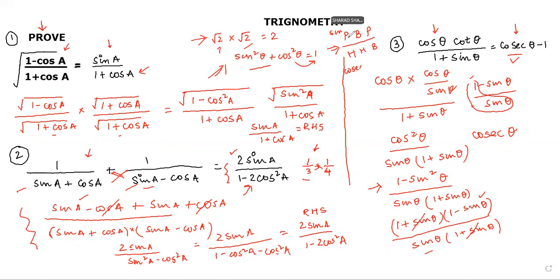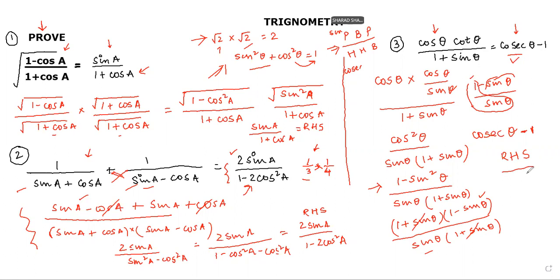So the first one was sine. What is the reverse? Cosec. So 1 upon sine theta is cosec theta, and minus sine theta upon sine theta, which is 1. So what we got on the right-hand side is cosec theta minus 1. And this is the right-hand side what we had to prove.